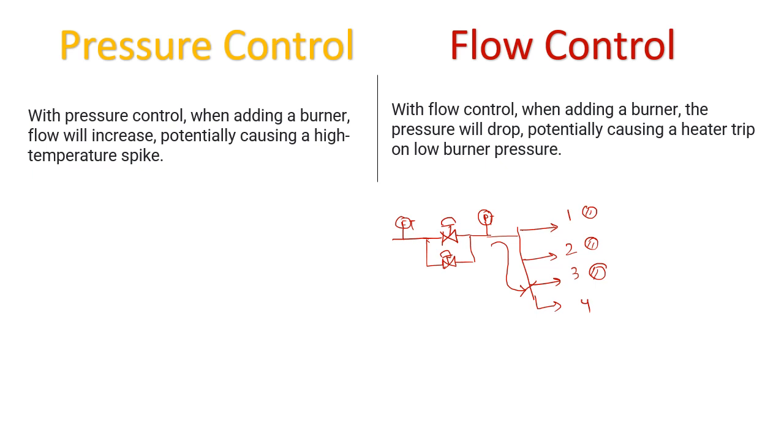So when the pressure reduces, to keep the temperature constant, it will try to give more flow, right? And as more flow occurs, there can be a chance of temperature spike. On the other hand, with the flow control, when adding a burner, the pressure will drop, right? And potentially cause a heater trip or low burner pressure.